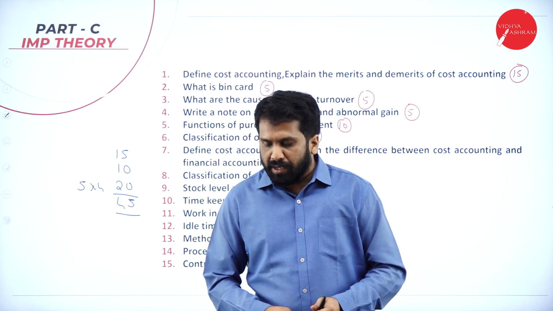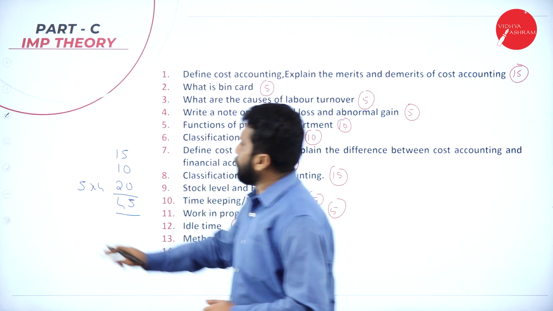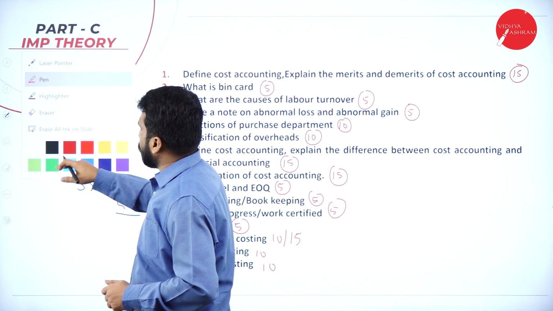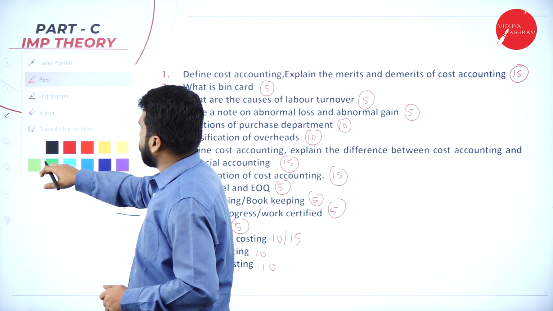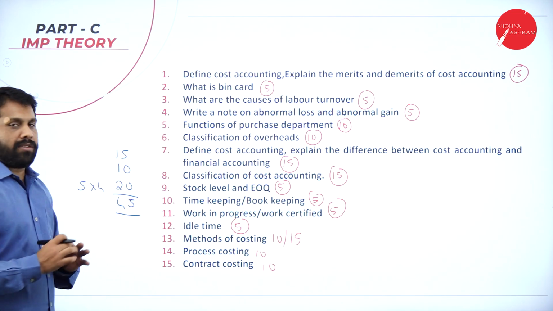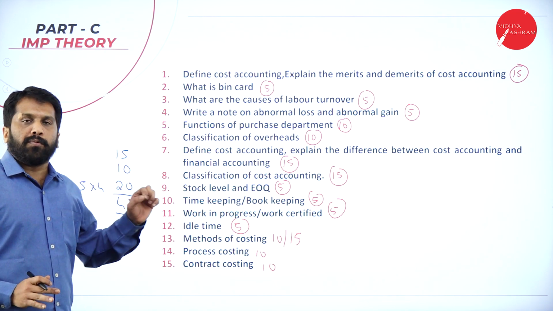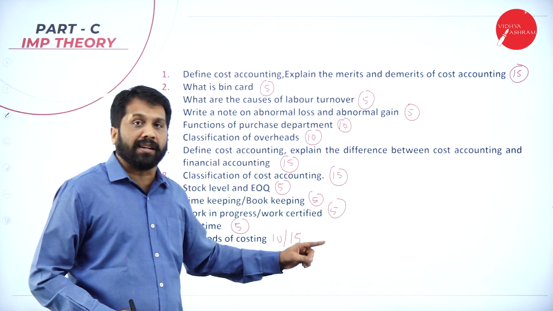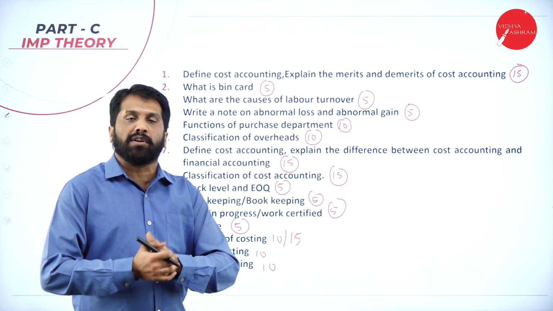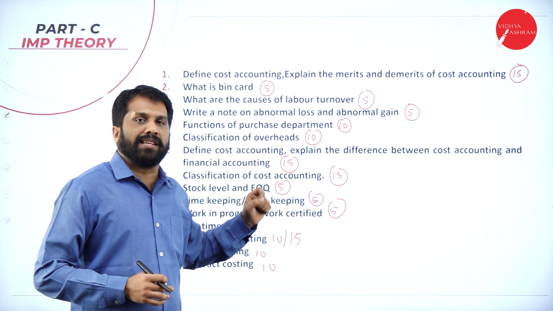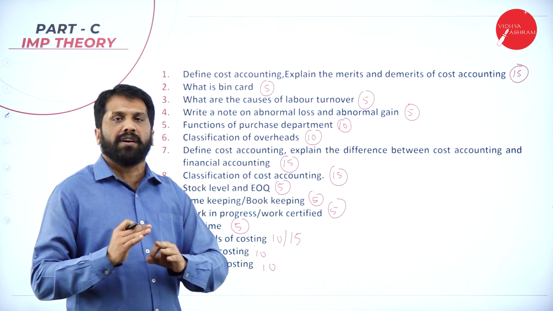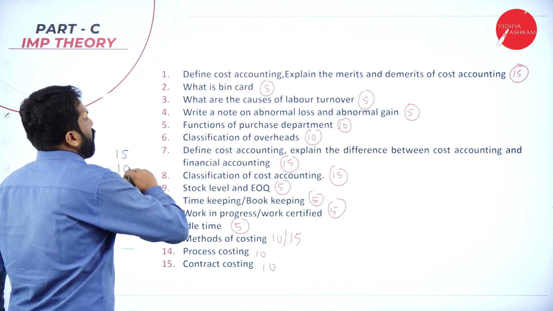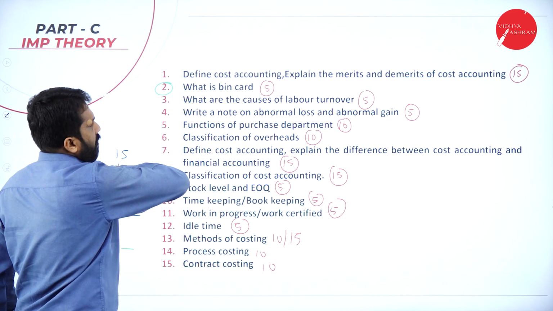Now, in this, the major ones, I'll mention in green color. Without these, don't go to the exam. I'll mention a few questions. You have to study all, but in that also, if you want me to select, without these questions, please don't go for the exam. What are they? One, what is bin card?